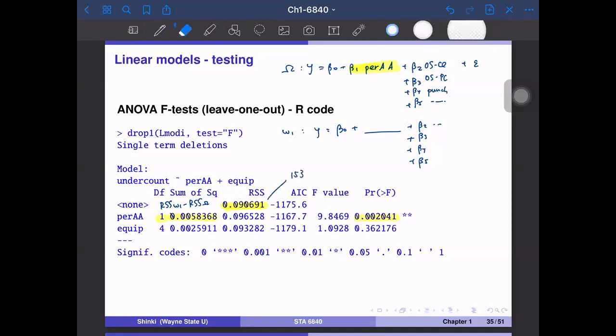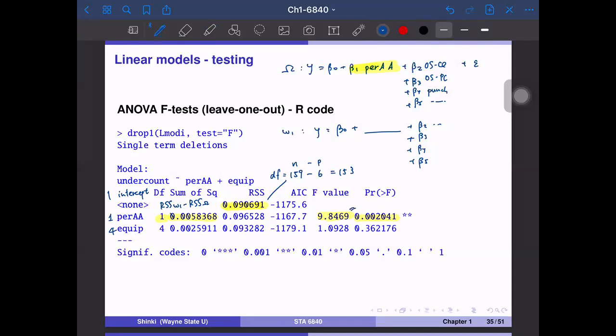So originally we have 159 observations, and we have in total 6 parameters. So 1 parameter for percentage African American, 4 for equipment, and 1 for intercept. So we have 6 parameters, so 153 degrees of freedom. Okay. So we get the F value, that's this 9.84.